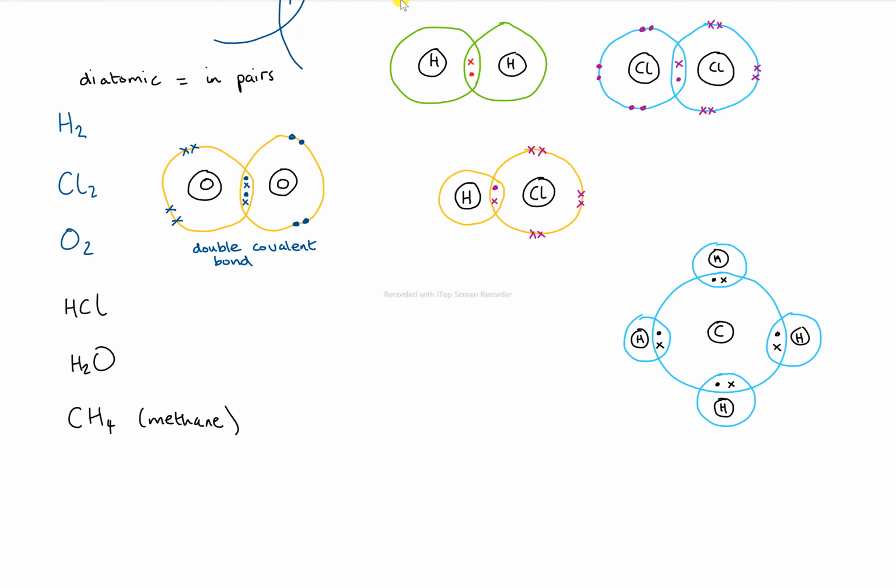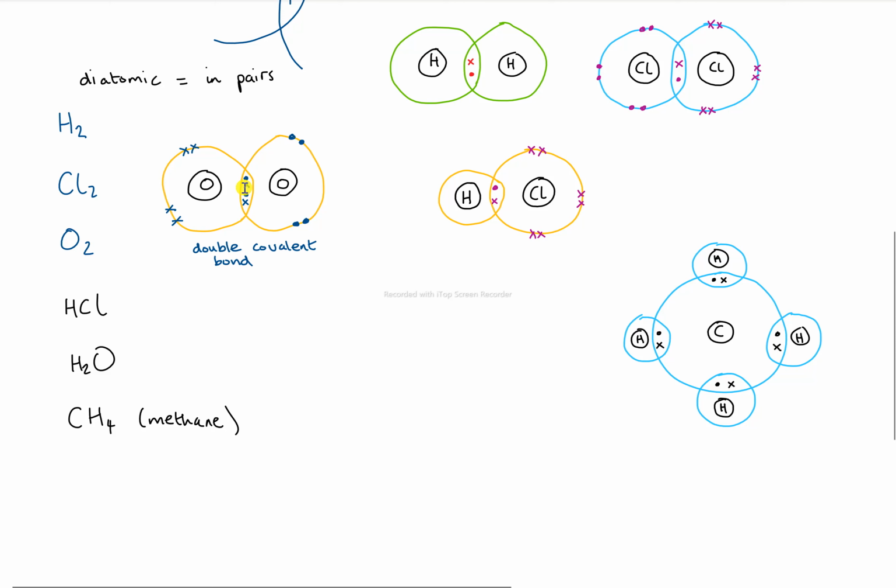Right, okay, so this here, the first one is oxygen, and have you noticed this has got a double covalent bond, so there's 4 electrons that are shared, 2 pairs. You've got hydrogen, chlorine, oxygen, so we've done those. You've got hydrogen chloride, and you've got methane here. Yeah, so let me write those names down.